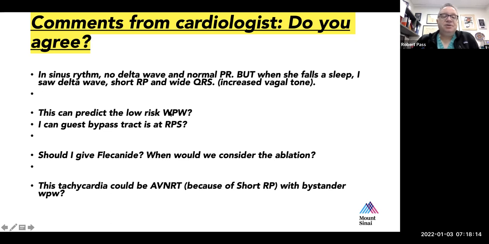And he wrote, this can predict low risk. He's asking, can it predict low risk WPW? Again, exactly what you just said in regards to risk for rapidly conducted atrial fibrillation. And then he asked, can I guess that the bypass tract is at the right posteroseptal region?